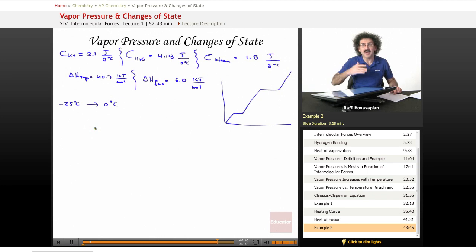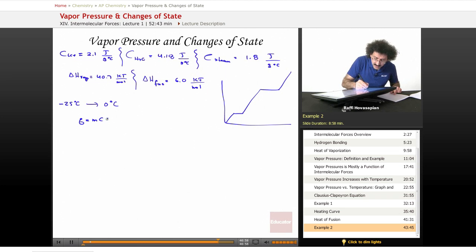It's going to equal that heat capacity equation, Q equals mc delta T, the mass times the heat capacity times the change in temperature, because they're asking for how much energy. Well, that's equal to, the mass is 500 grams, 0.5 kilograms, times, well, this is ice, so it is 2.1 joules per gram per degree Celsius, times the change in temperature.